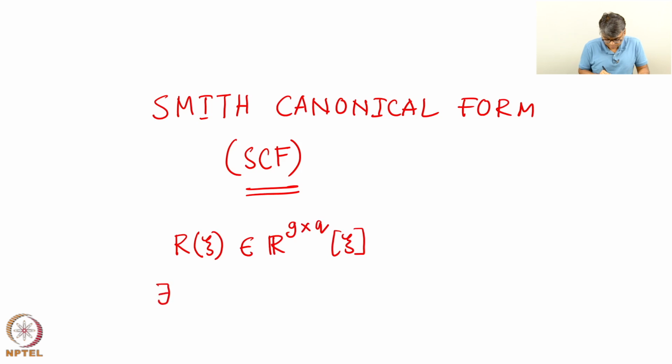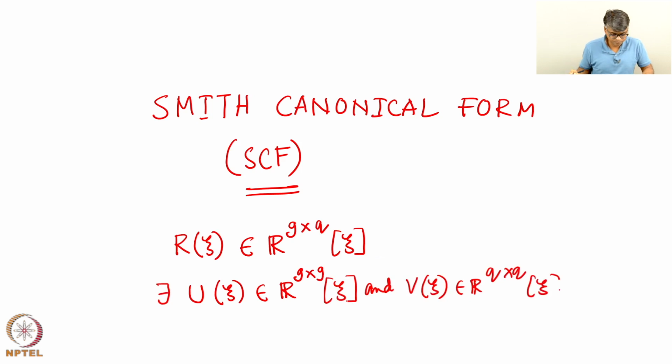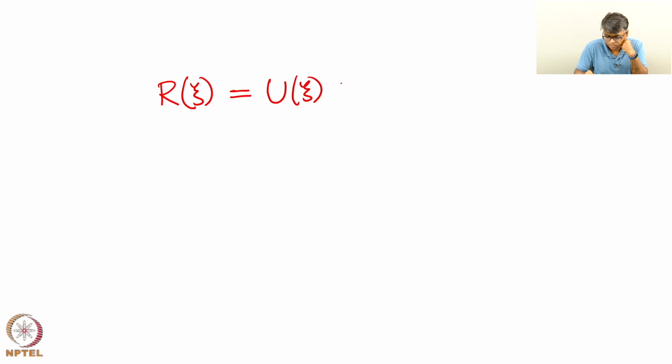there exist unimodular matrices U(xi) of size g cross g and V(xi) of size q cross q such that the following is true: R(xi) is equal to U(xi) D(xi) V(xi).